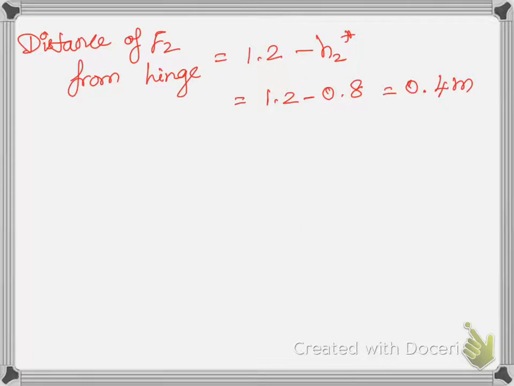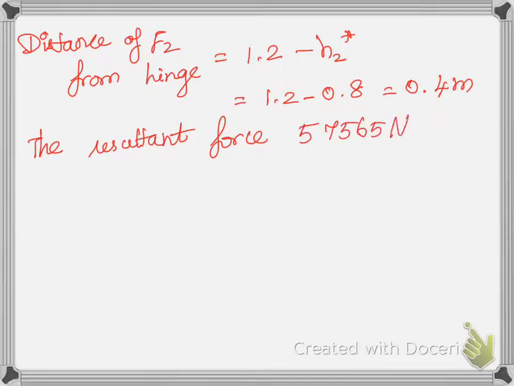These are calculated. Now we have to calculate how far the resultant force is acting. We have calculated our resultant force to be 57565 Newton, and it will be acting at a distance.